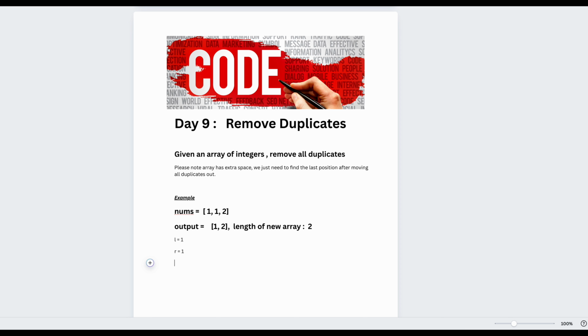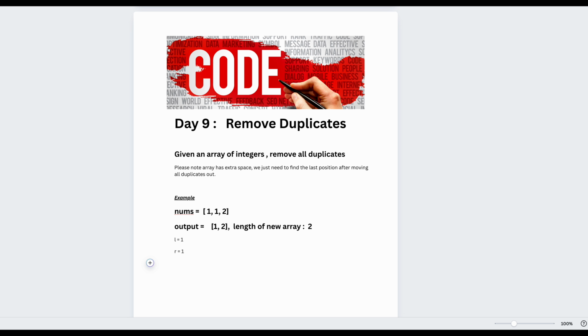Now we are going to move our right pointer ahead, and until it becomes out of the bounds, we will continue iterating over the array. And as and when we discover a position which is not equivalent to its previous element, which means it is actually a new element which we have encountered, we will replace the left pointer position with that element so that we get the new element.